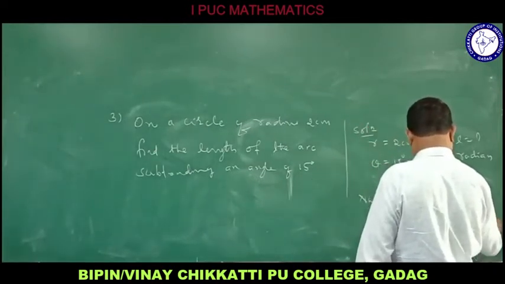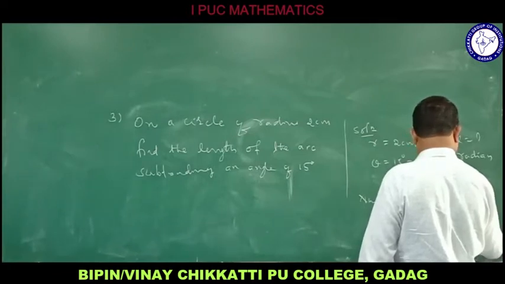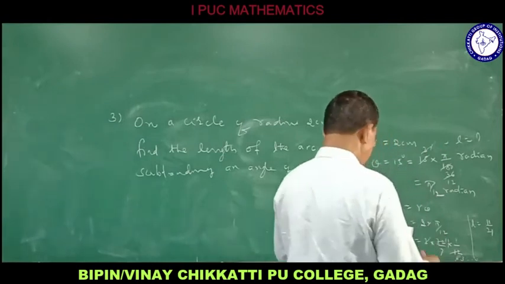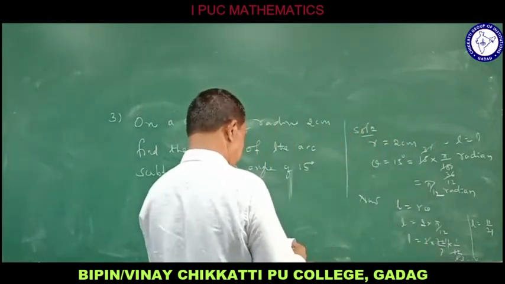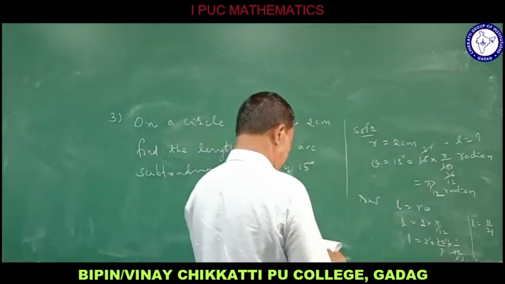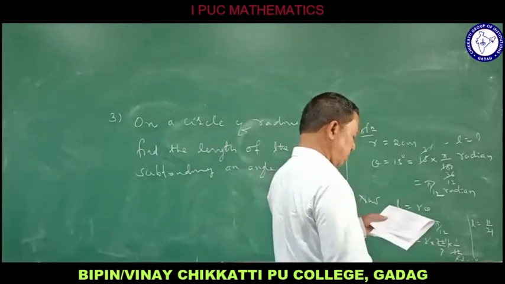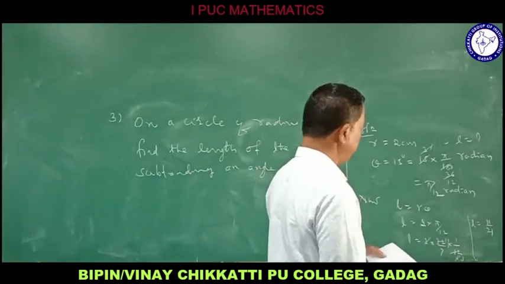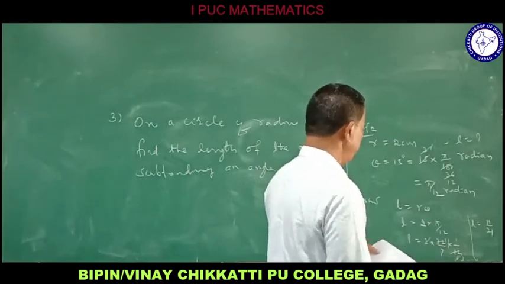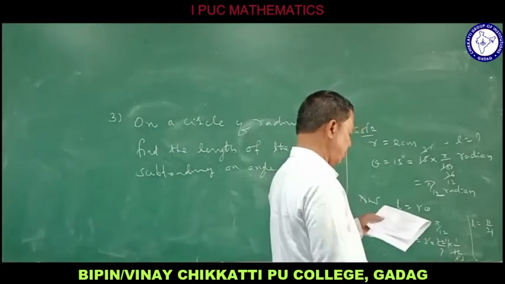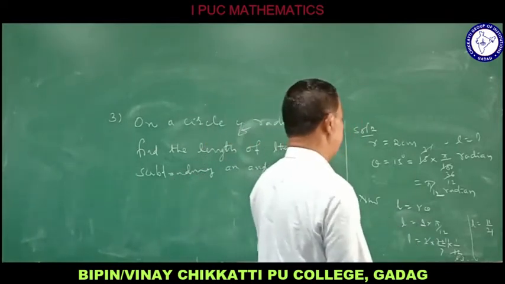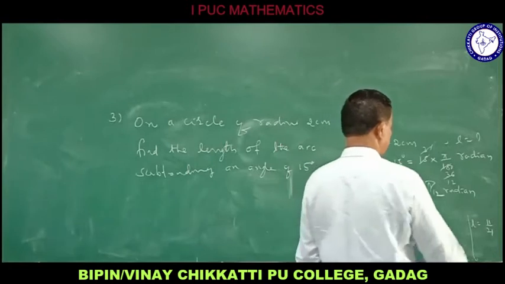you see that 11 by 21. So here you have to see that the answer is 11 by 21, and you go for writing in terms of centimeters, or you can keep it as it is. If you go for the result, pi by 6 centimeters, you can write it so.